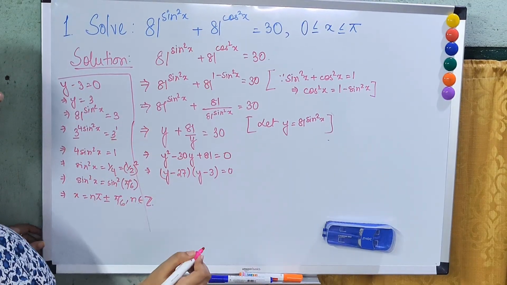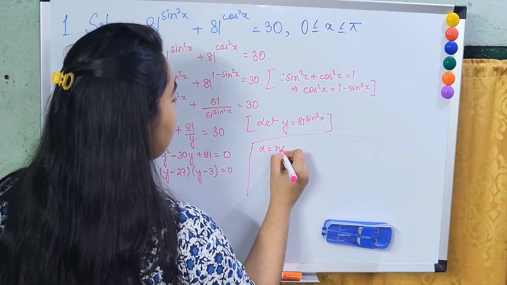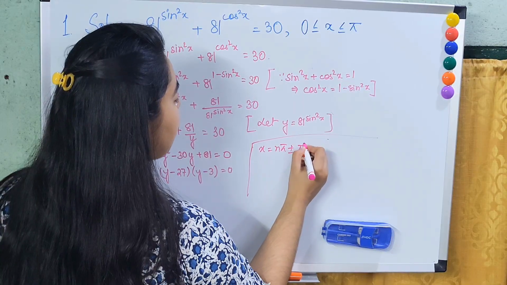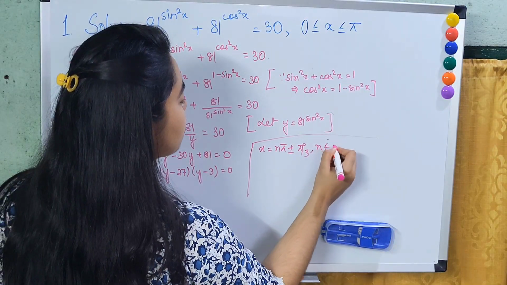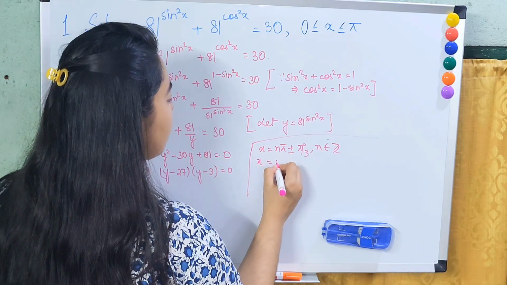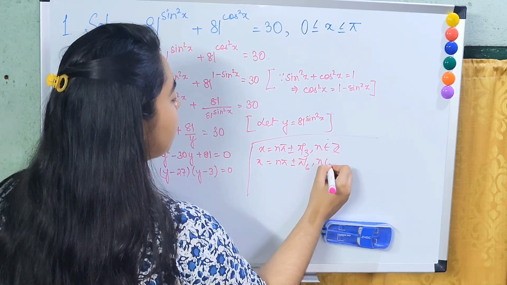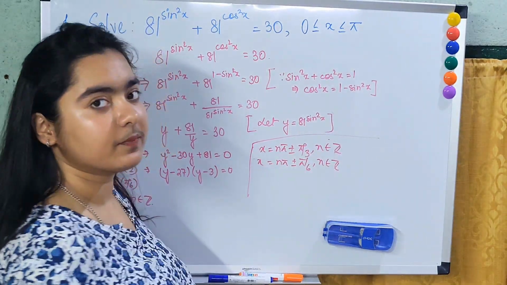So what are the values of x? The values of x are x is equal to n pi plus minus pi by 3, where n belongs to the set of all integers, and x is equal to n pi plus minus pi by 6, where n belongs to the set of all integers. Thank you.